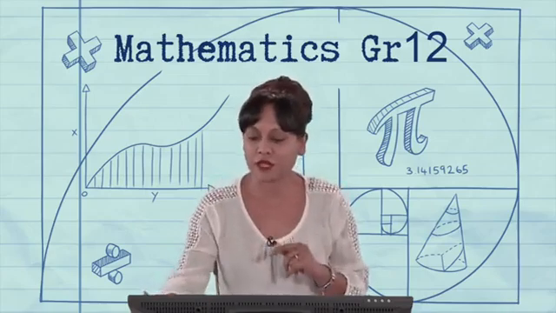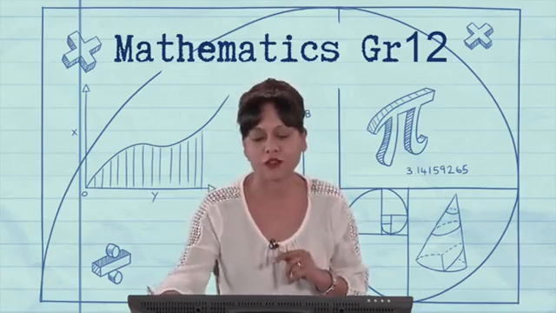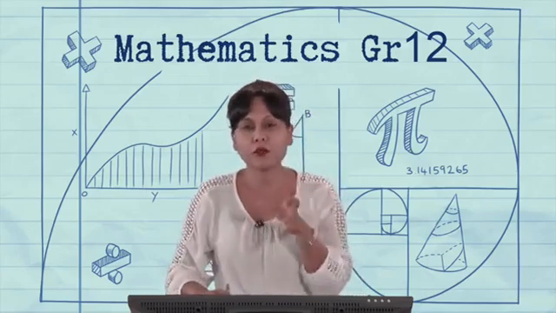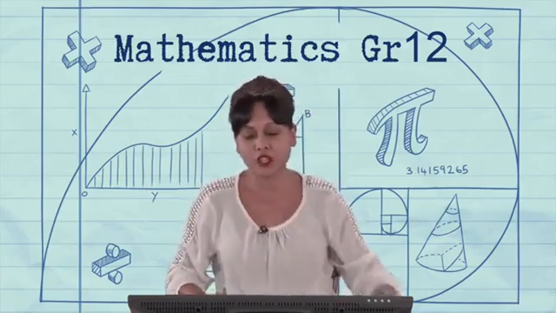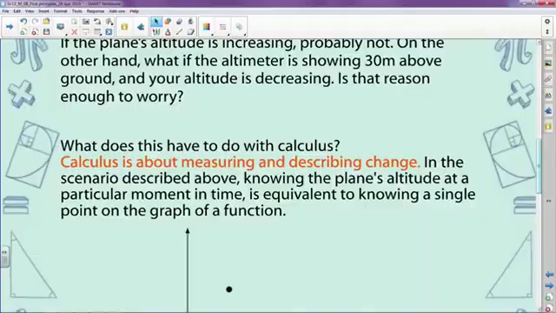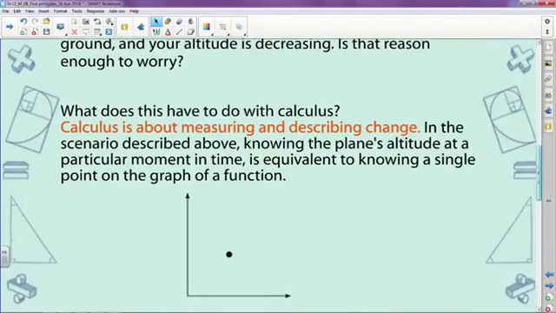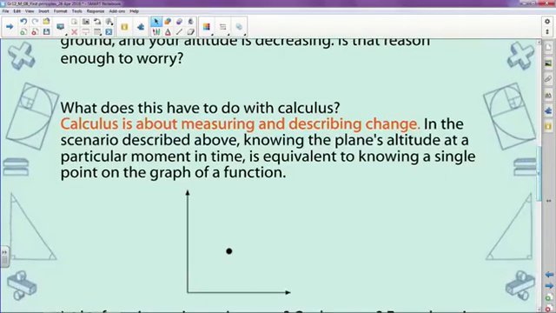And this is where we can start thinking in terms of calculus, because calculus is all about measuring and describing change. So in the scenario where we're talking about the plane, knowing the plane's altitude alone at a particular moment in time is really not enough information for you to make any decisions.